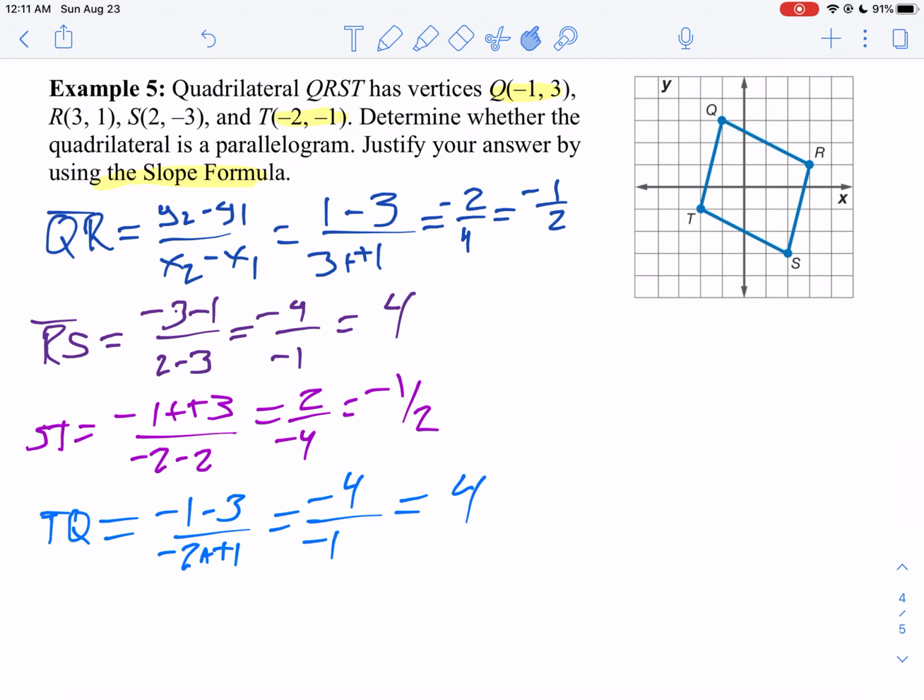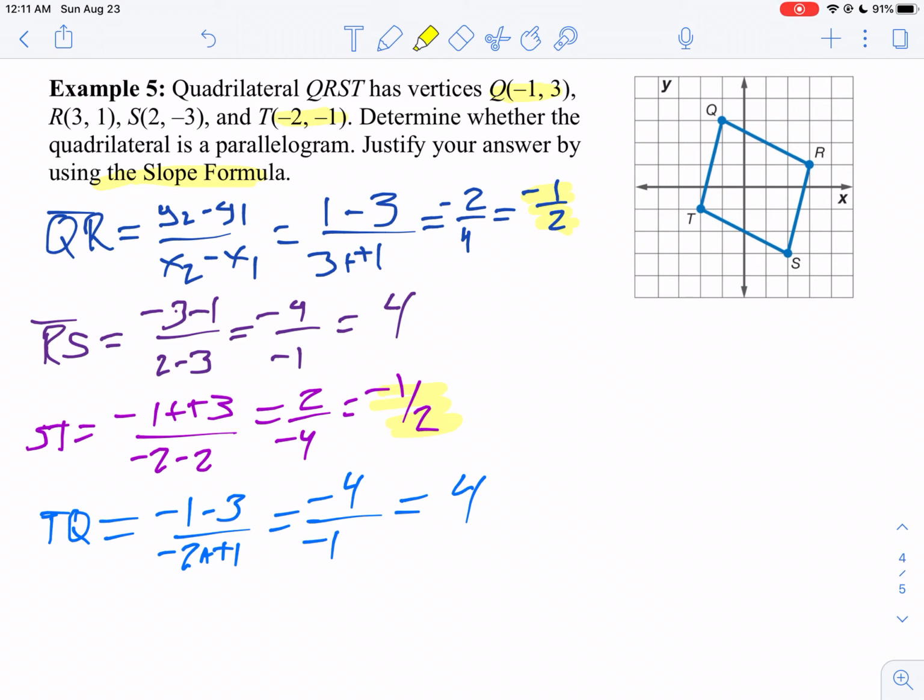Now, how does this show it's a parallelogram? Because remember what we talked about before, when we have the same slope, it makes them parallel. Notice that QR and ST have the same slope.